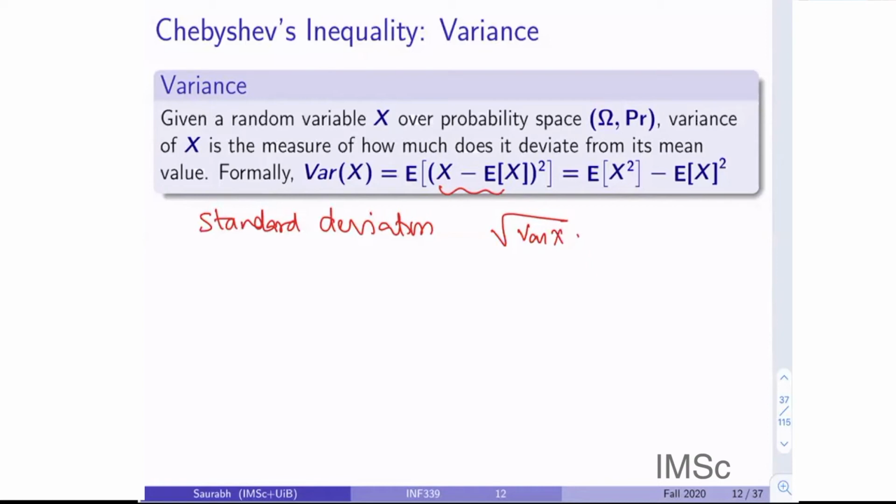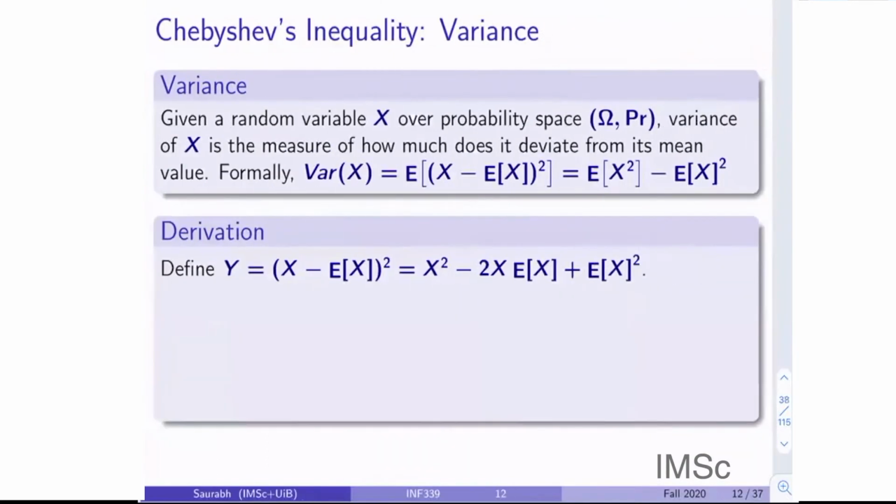Okay, now why do we write that the variance of X is this? Well, this is just a simple derivation. You define Y equal to (X minus E of X) whole squared, which is a new random variable, and then you apply the (a minus b) whole squared formula, and you get this.